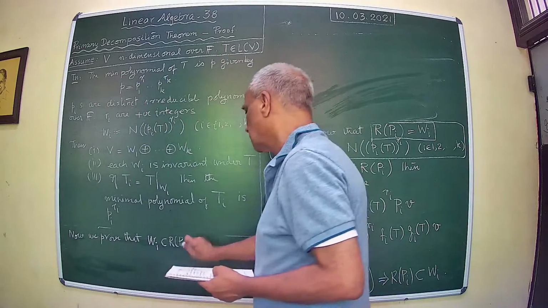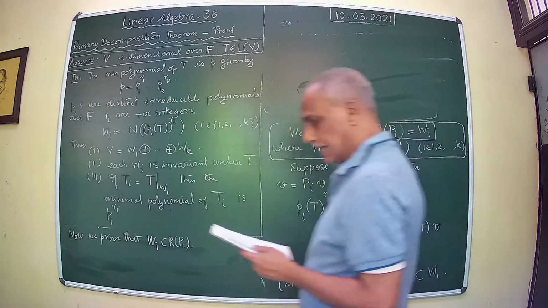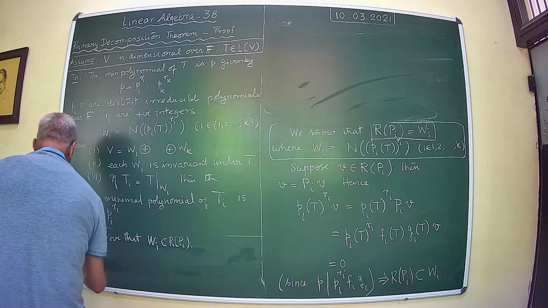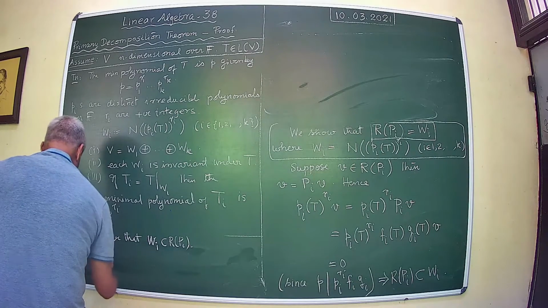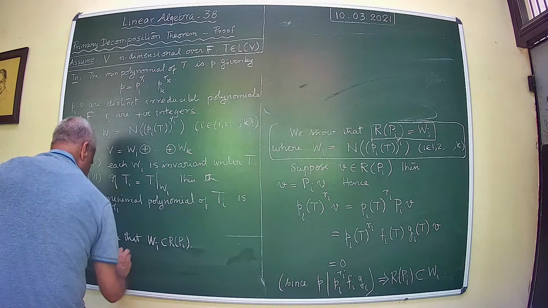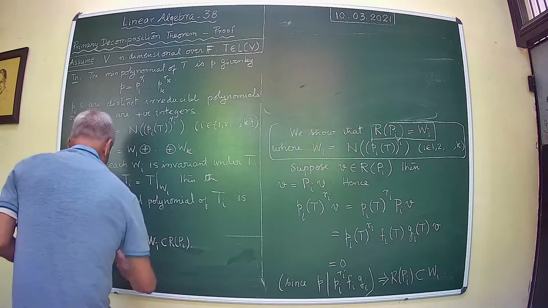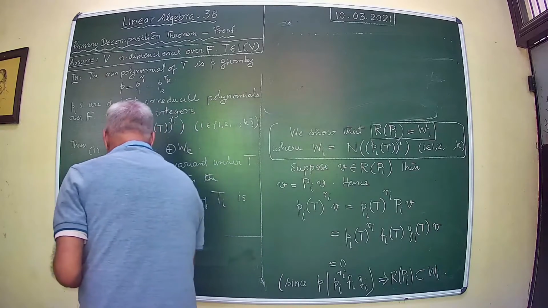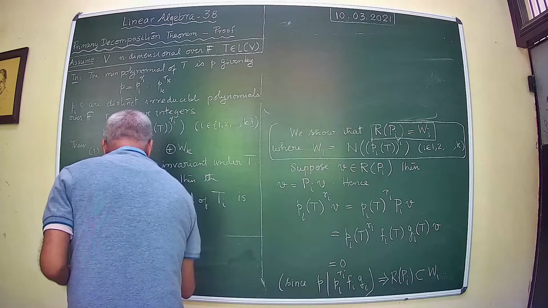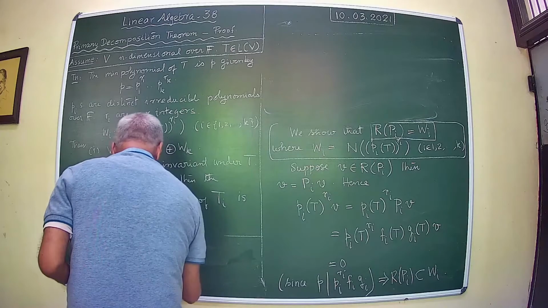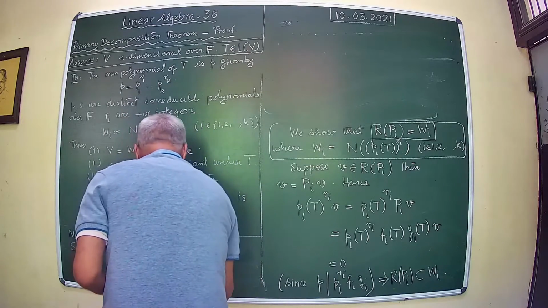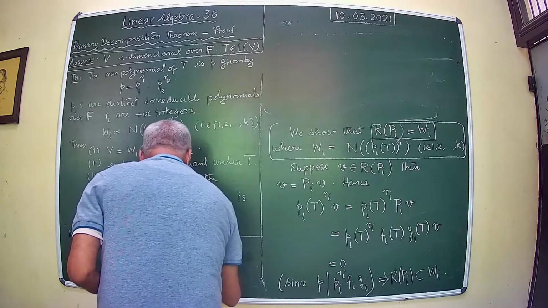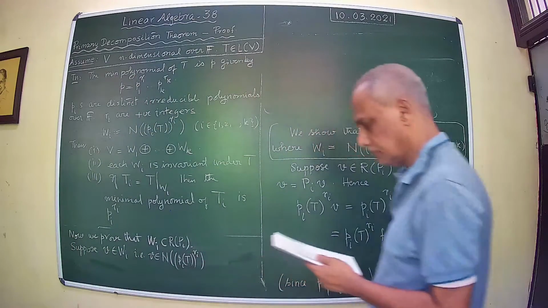So let us start with Wi. Suppose v belongs to Wi, then what you have is that v belongs to the null space of Pi T to the power ri. This is it.